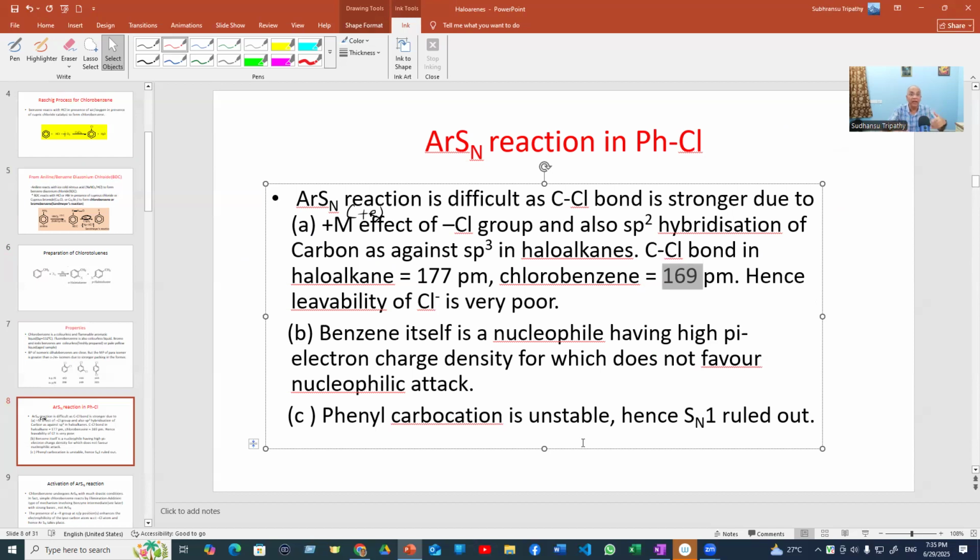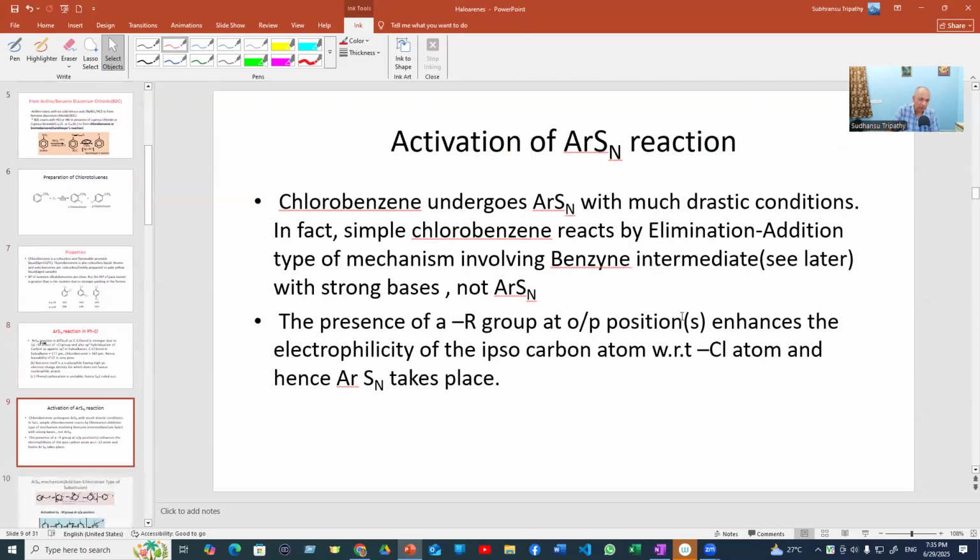But you may ask me again, you are telling in BDC why it is SN1. That is the only choice available, because N2 is a very good leaving group. The leaving ability of nitrogen gas is so profound that ArSN happens in BDC. But usually it doesn't happen in chlorobenzene. So SN1 is ruled out. This reason I have not written, but for your examination, these 2 points you have to mention.